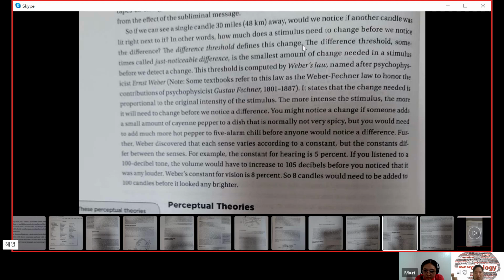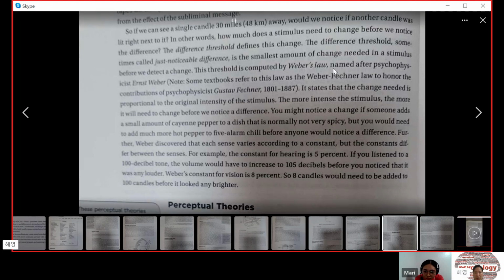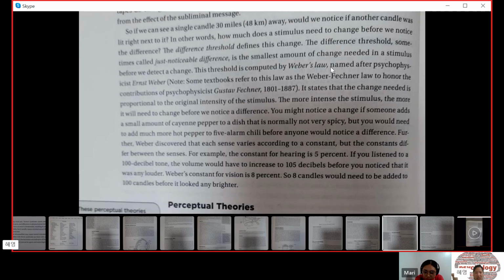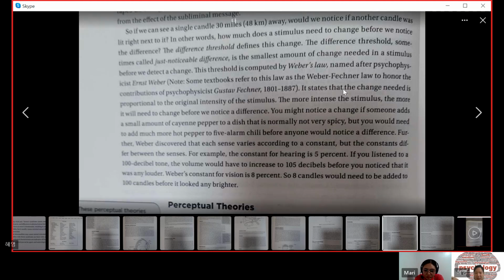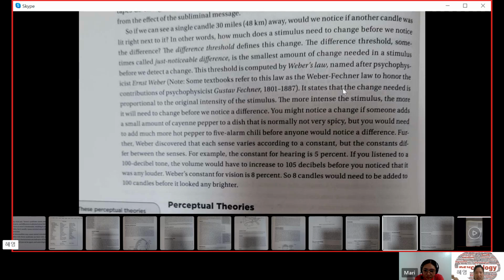This threshold is computed by Weber's law, named after psychophysicist Ernest Weber. It says that the change needed is proportional to the original intensity of the stimulus.